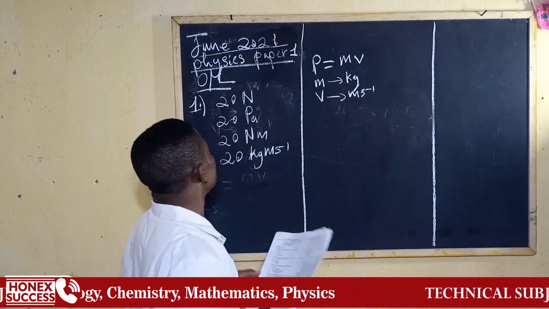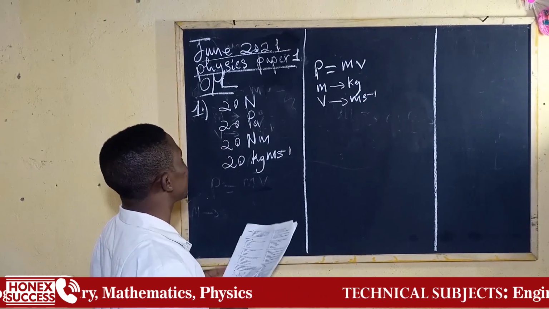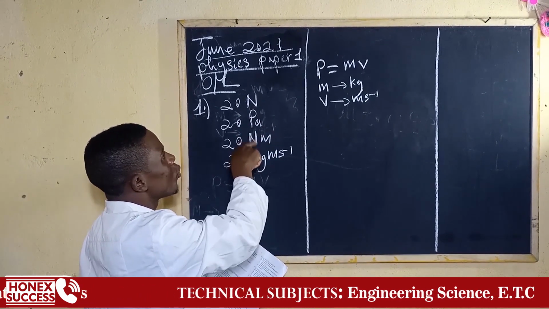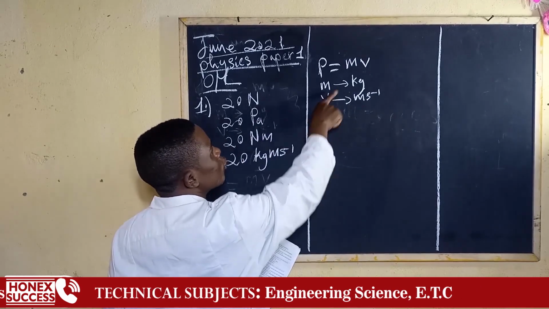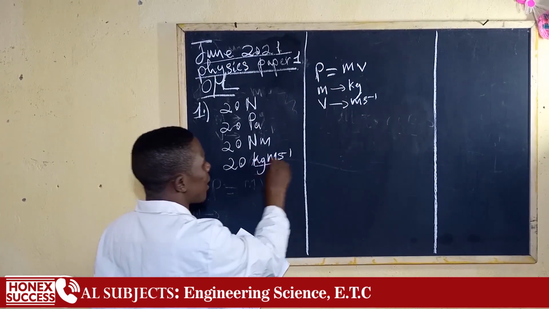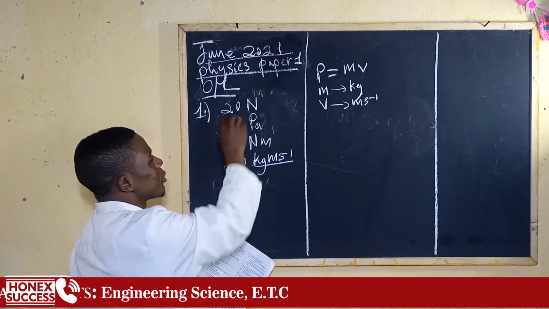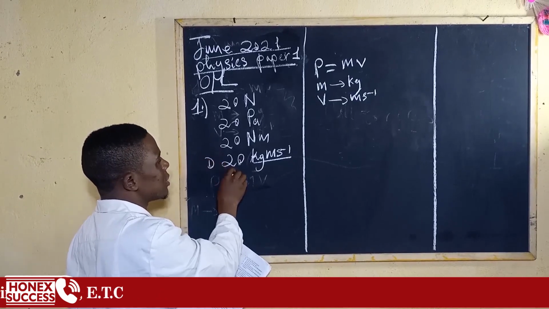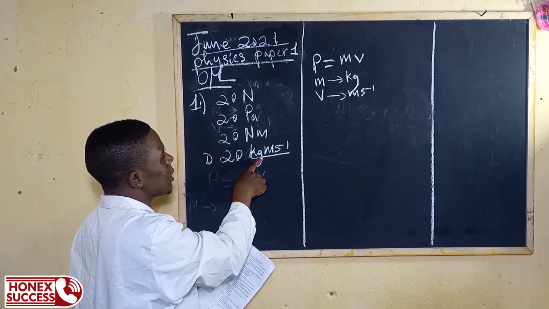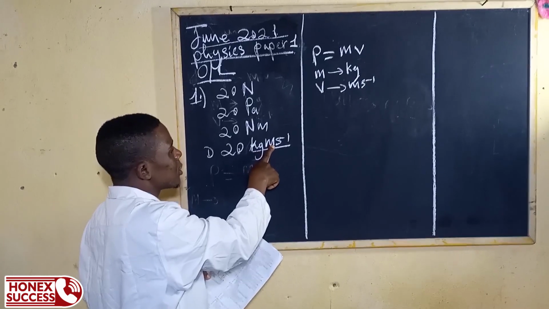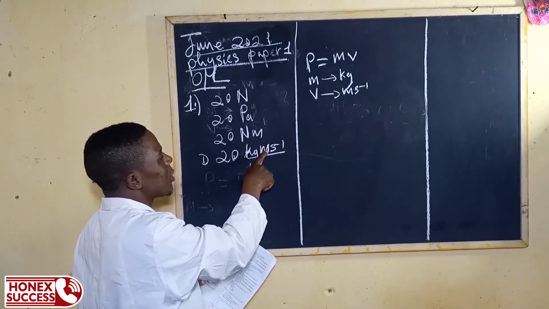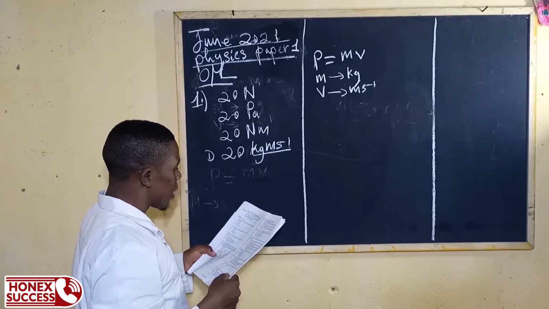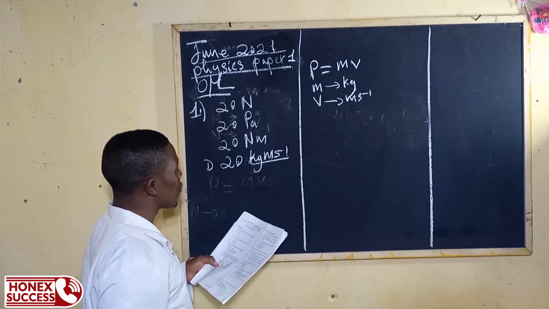Okay, so you come here to the different options that are given. You check and see which one corresponds to this unit. You compare the parts for the unit. You realize that in the last option, which is D, it gives us 20 kilograms meters per second, which is actually the representation of momentum.